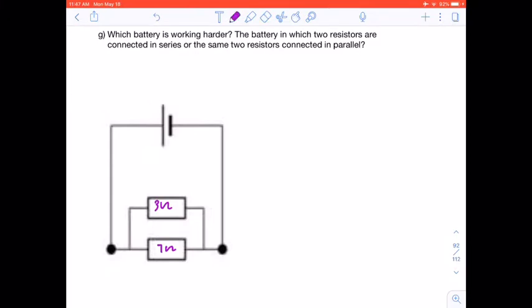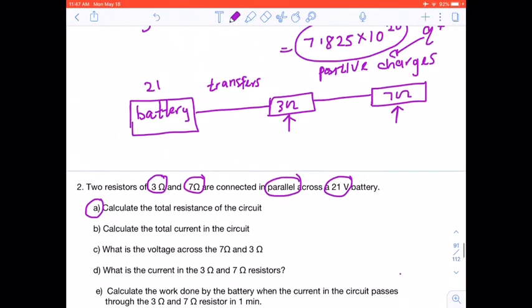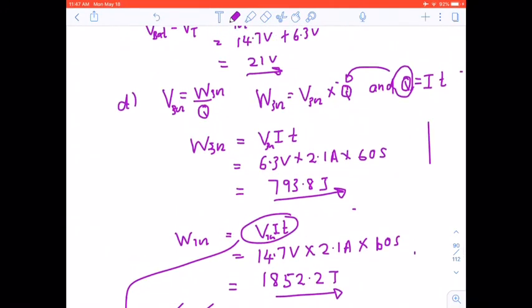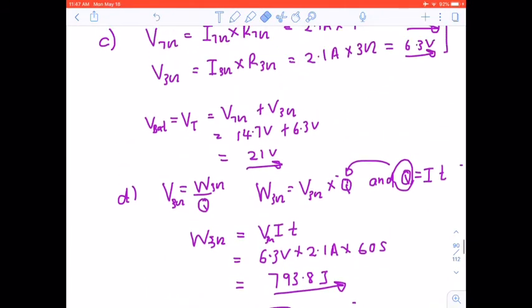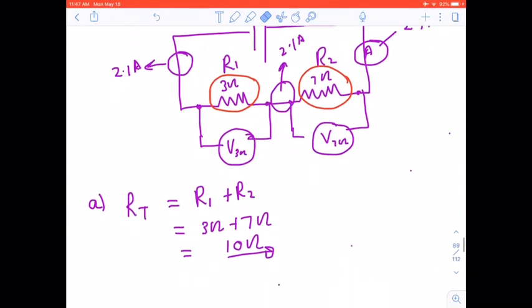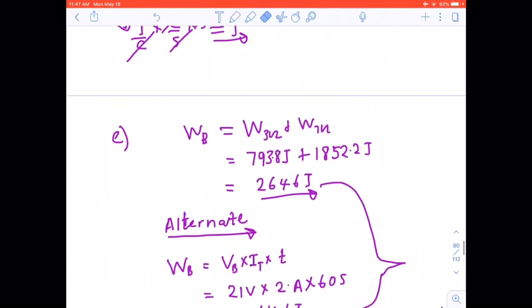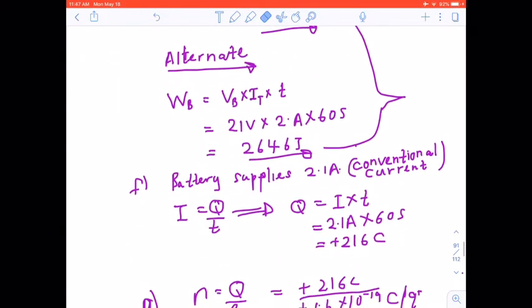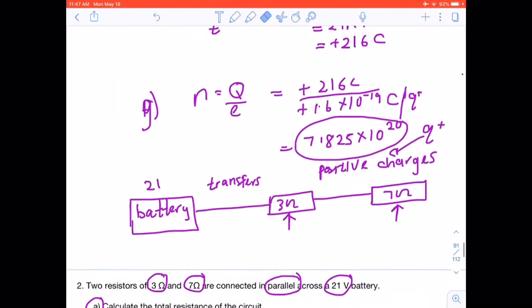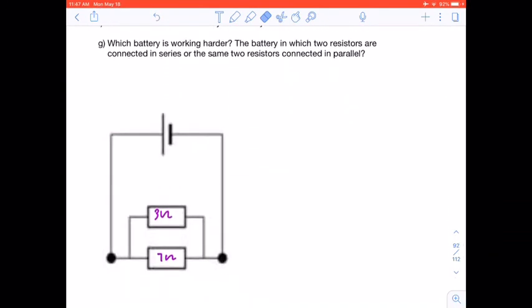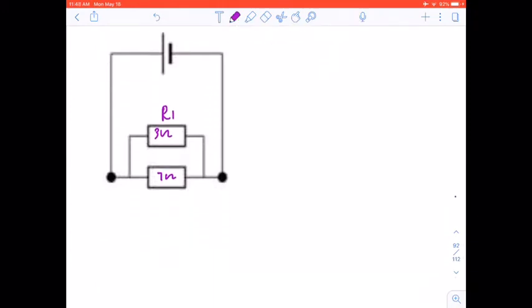I've labeled R1 there, the 3 ohms, and we have R2.